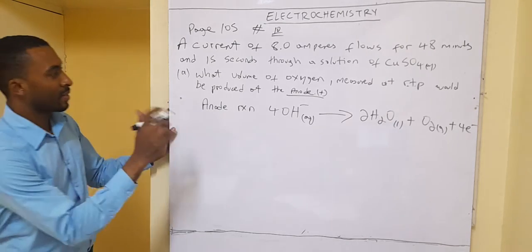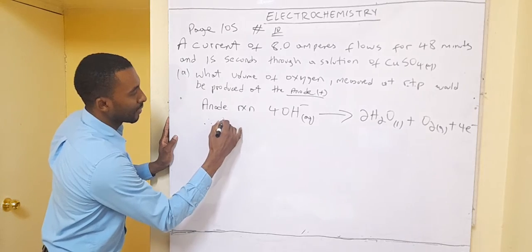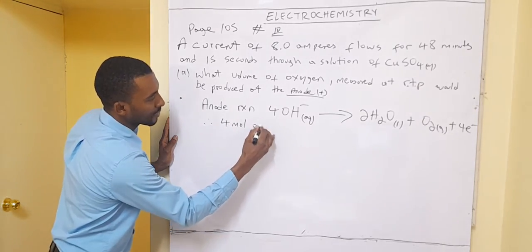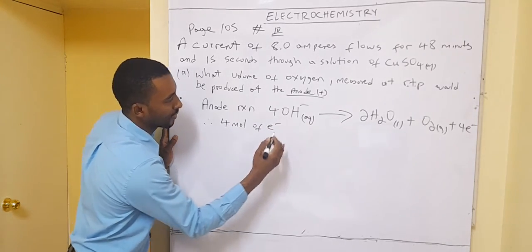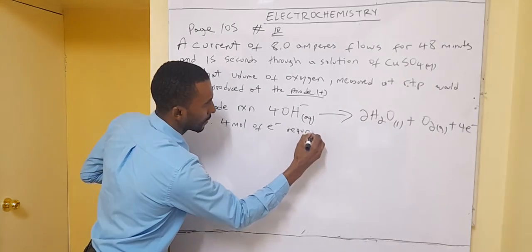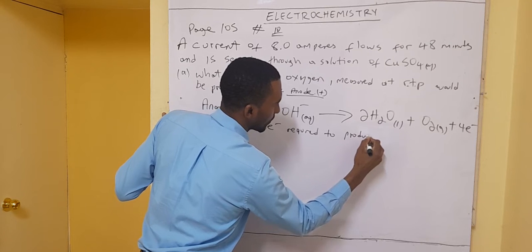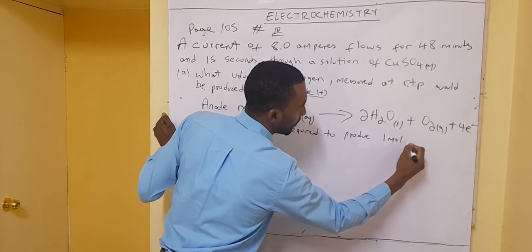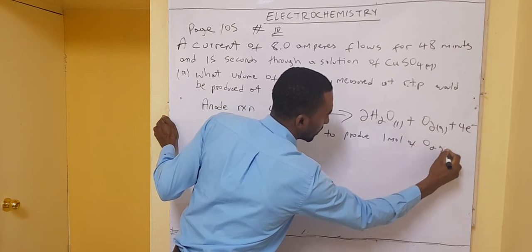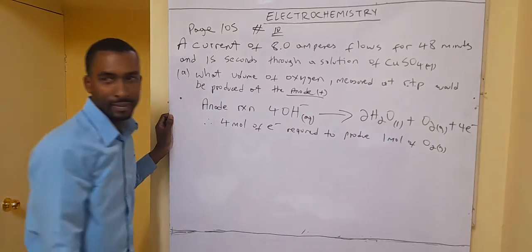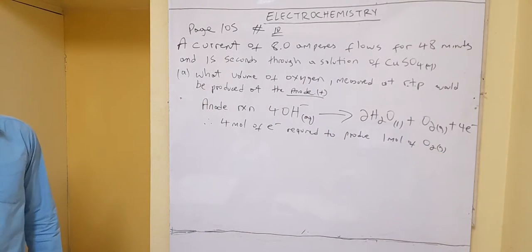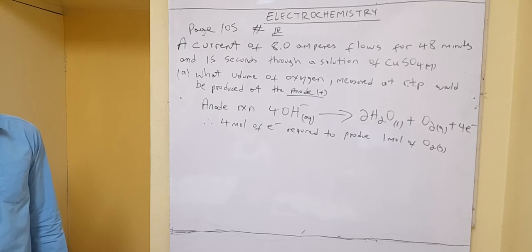So it simply means from this, therefore, 4 moles of electron are required to produce 1 mole of oxygen gas. We can make that statement comfortably, right?